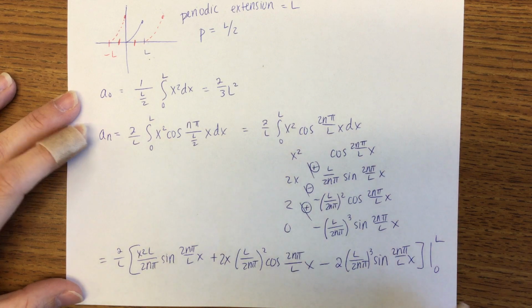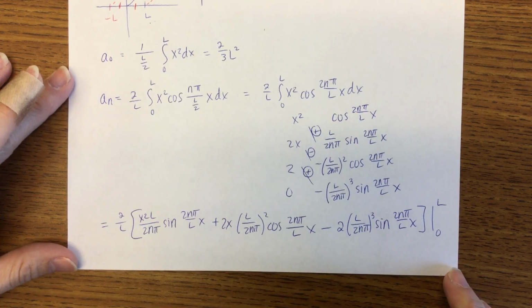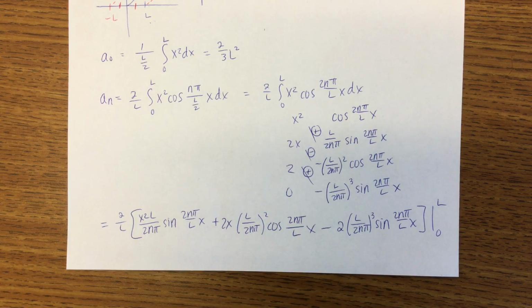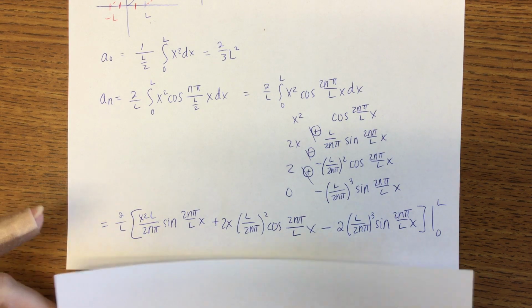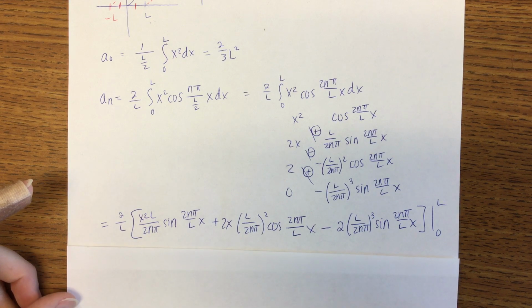All of that being evaluated from 0 to L. So again, you could have evaluated from negative L over 2 to positive L over 2. As you can see now, algebraically, that would be more work.